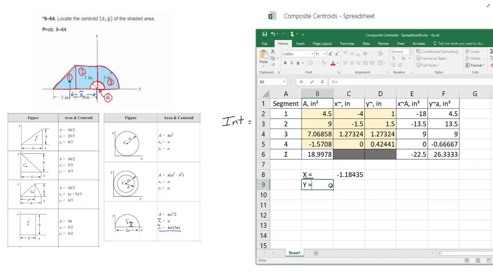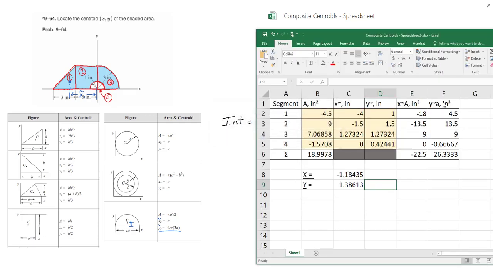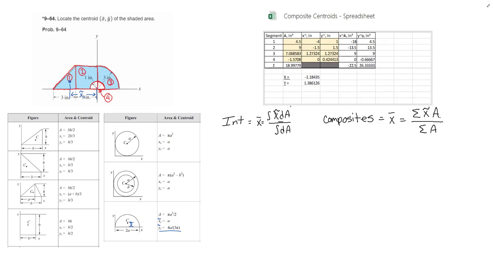And then we're going to have Y, we're going to call that Y bar, and that's going to equal the sum of all the Y tilde A's divided by all the A's. So let's save this, and I'll send it back into my OneNote. There we go. Looking great.